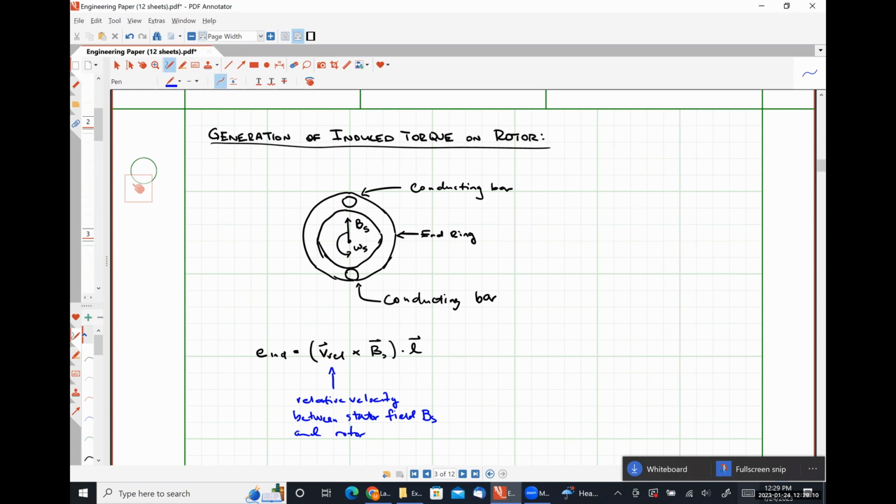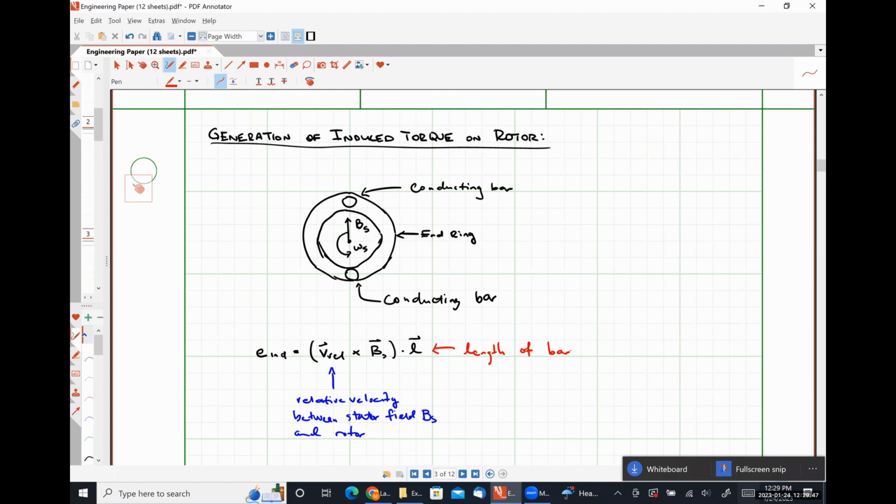Well, since our rotor is stationary right now, our relative velocity is just the speed at which our B field is rotating. This length here is just the length of one of our conducting bars. Effectively, what this says is we are going to induce some voltage drop across our conducting bar.